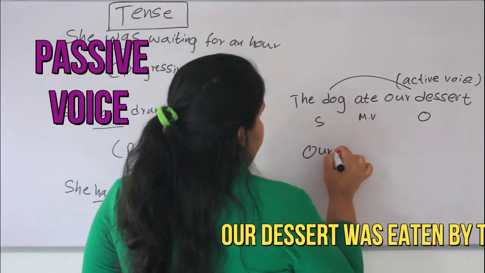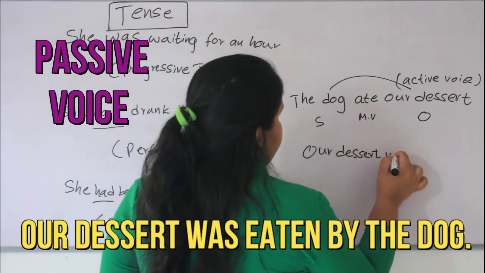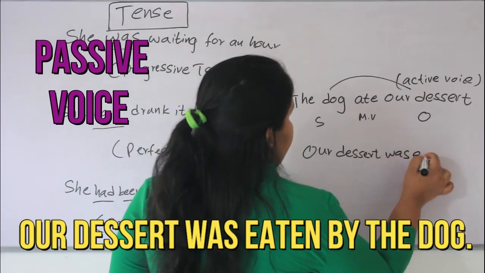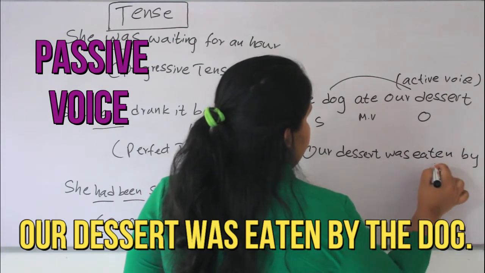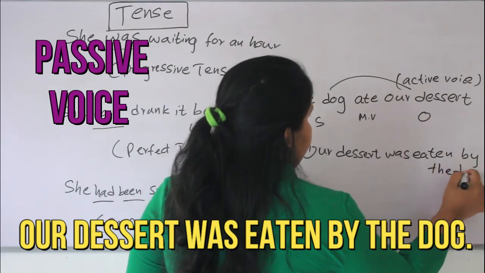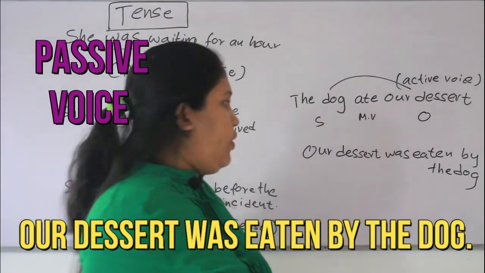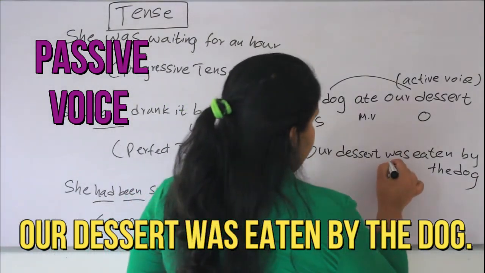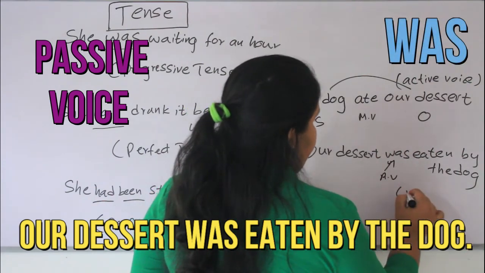Our dessert was eaten by the dog. So this is an auxiliary verb and this is a passive voice sentence.